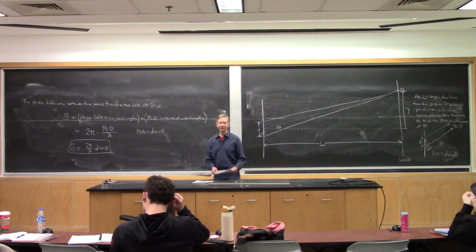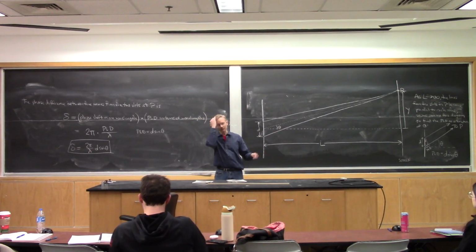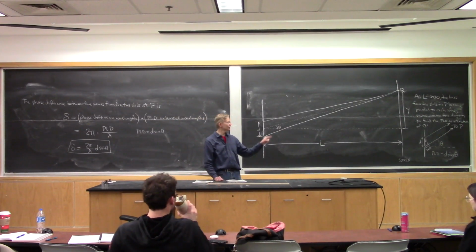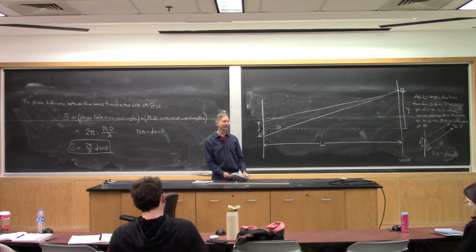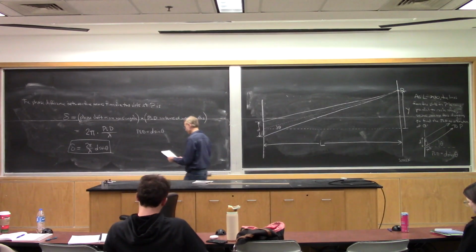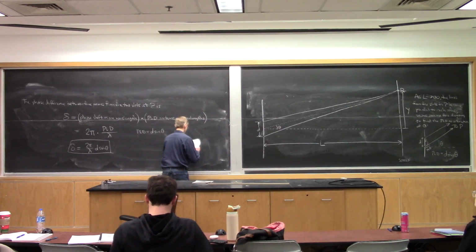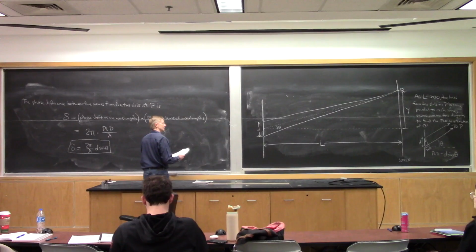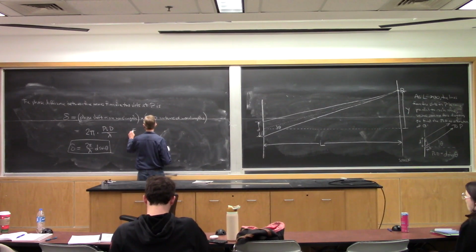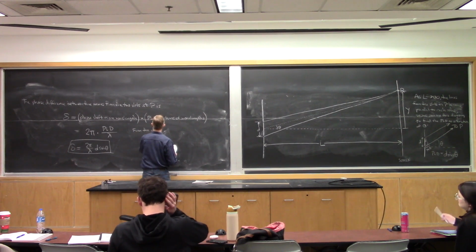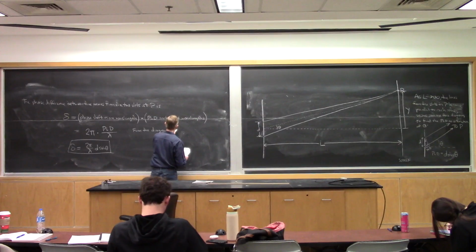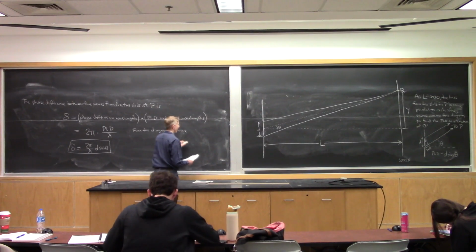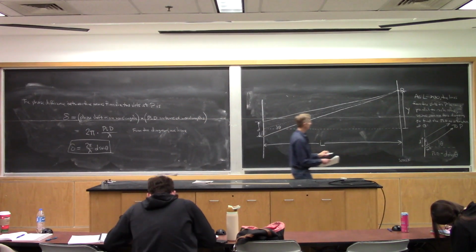so it'd be rather inconvenient to try to measure theta directly. What we can readily measure is y, the distance along the screen. And so let's put theta in terms of y. From the diagram, we have, ooh, look at this.